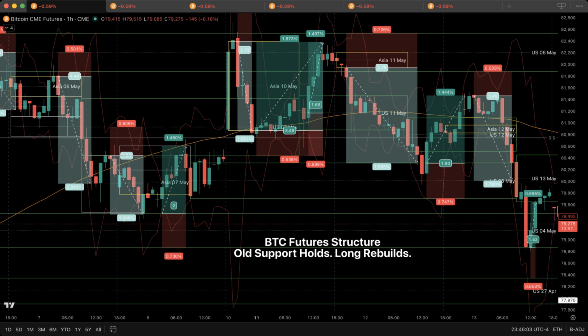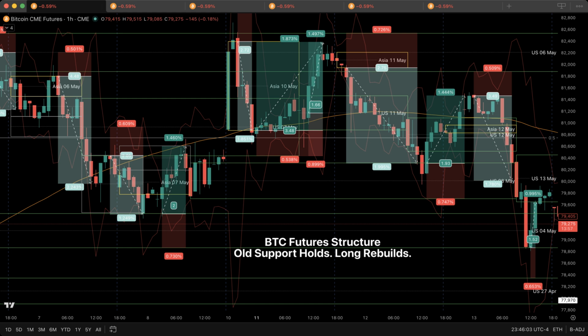The late short gets trapped. The early long gets structure. The difference is location, not opinion. If you short after price already reaches old lower support, you are selling into a reaction zone. If you wait for support to hold, you can build the long from the place where sellers fail.